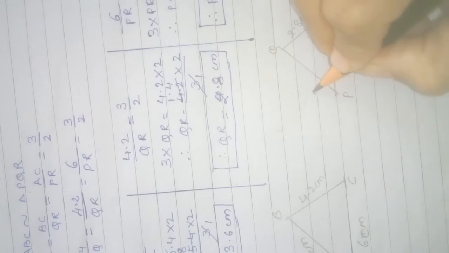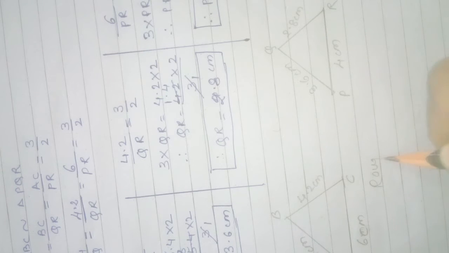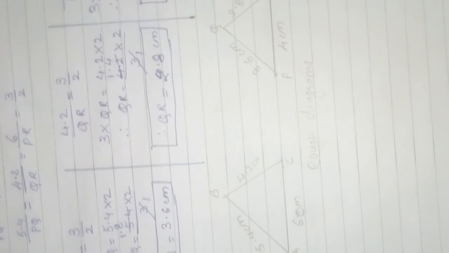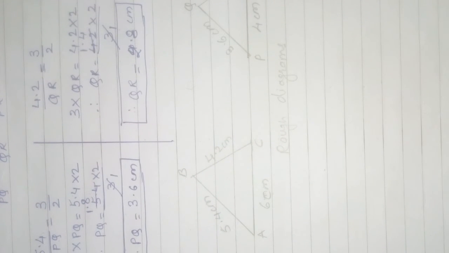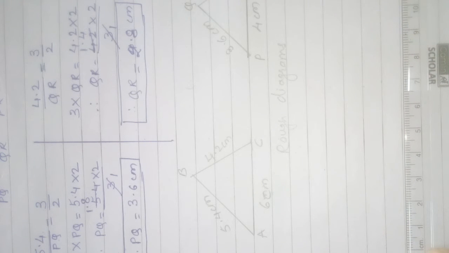These are our rough diagrams. In the same way, we have to take proper measurements and draw the perfect diagrams. It is very easy to draw a perfect diagram whenever rough diagrams are ready.